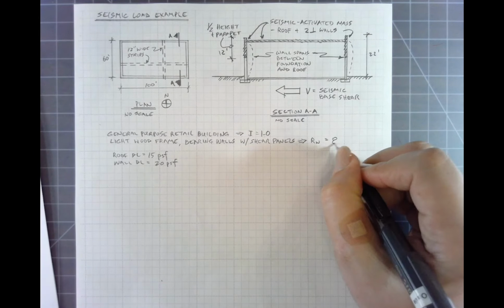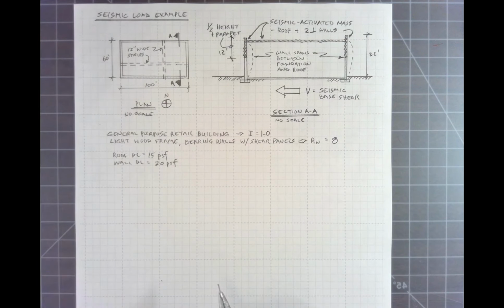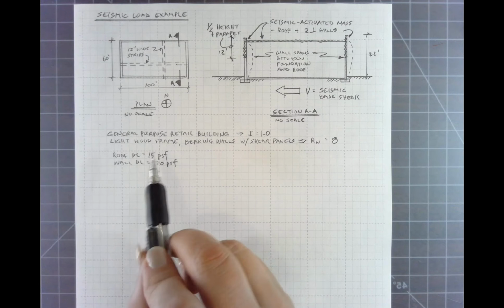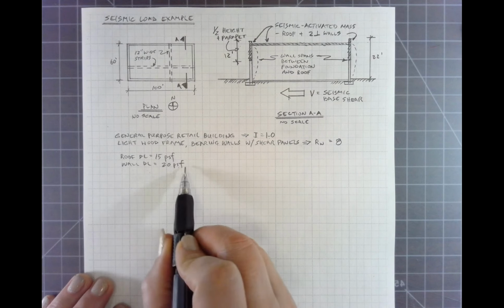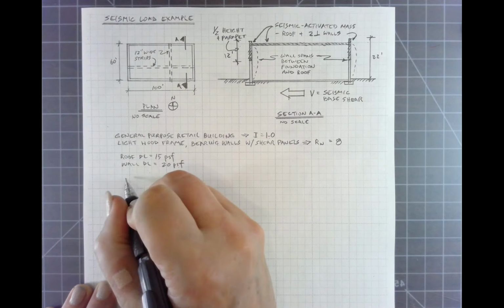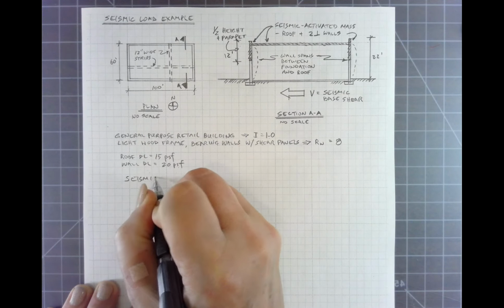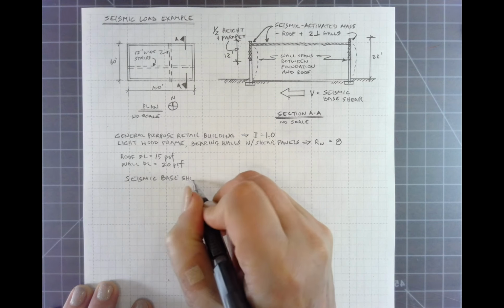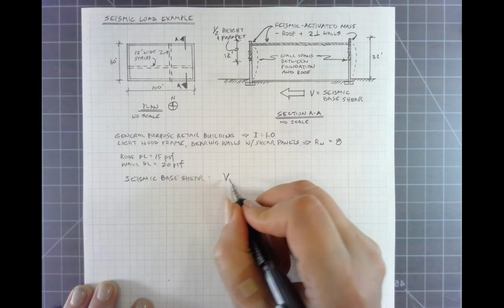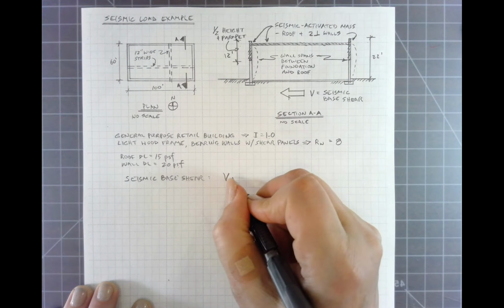And we are going to do this with 15 pounds per square foot for the roof load, and 20 pounds per square foot for the wall dead load. So the formula, again, for seismic base shear, given by this formula V, that's the base shear force.